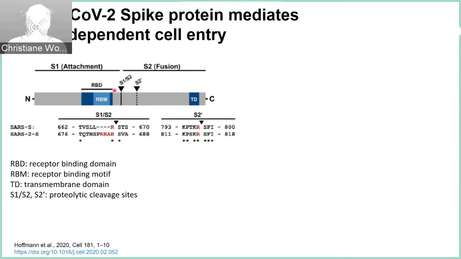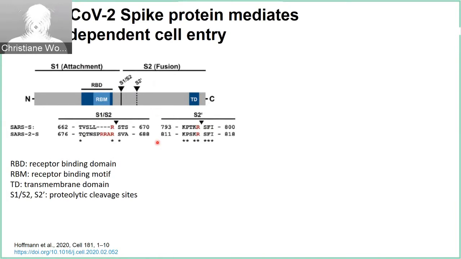It encodes the receptor binding domain, while the S2 domain has the transmembrane domain that anchors the spike in the viral envelope, and it contains the proteolytic cleavage sites, which are required for fusion of the viral envelope with the host cell membrane.